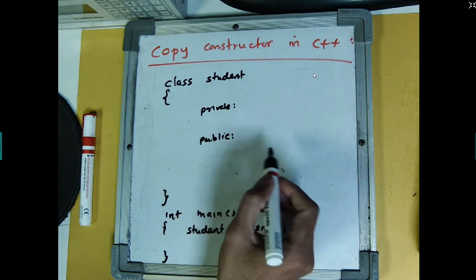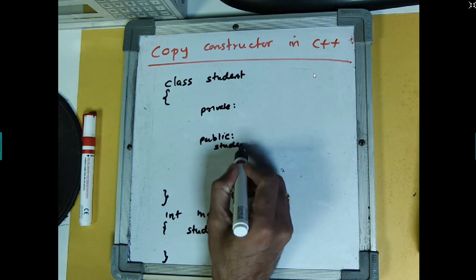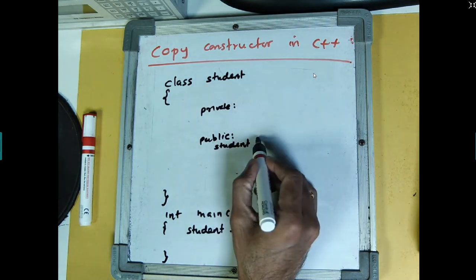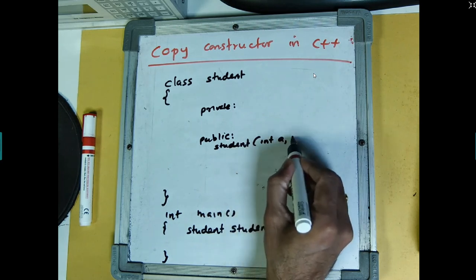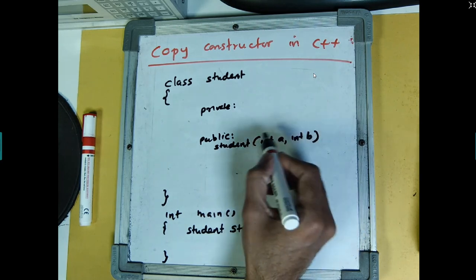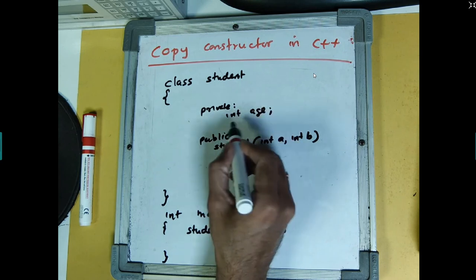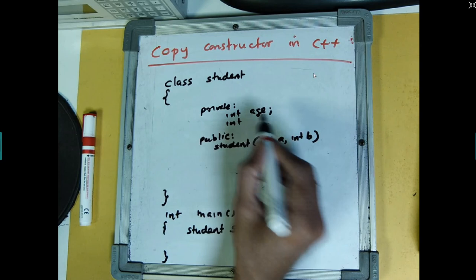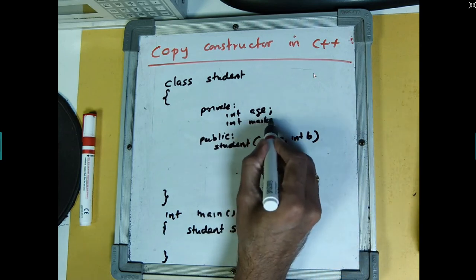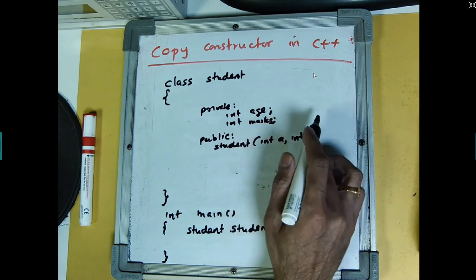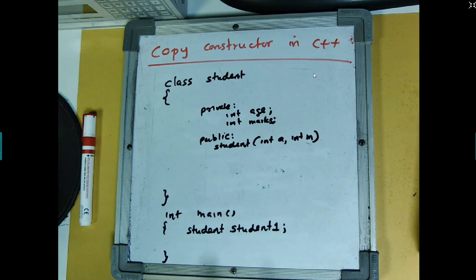Now in this we also know that there are private sections and public sections, and in the public part we write the constructor. Let's say I am writing a constructor in the name of the class with some arguments, integer a, integer b, where a and b are, let's say, integer age and integer marks, and here let me give integer m. That makes more sense.